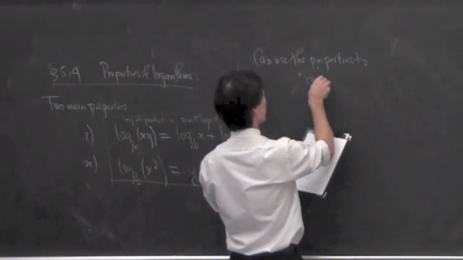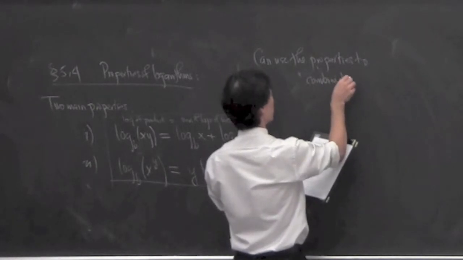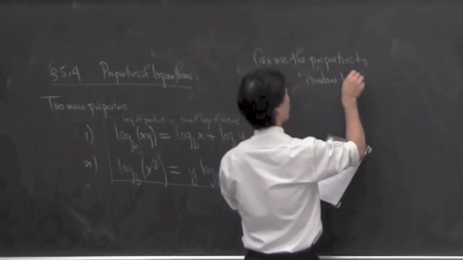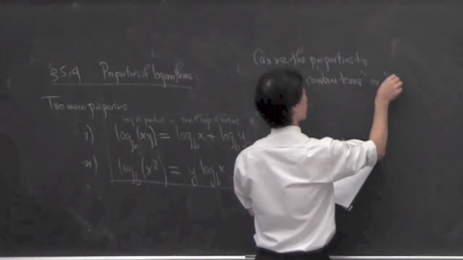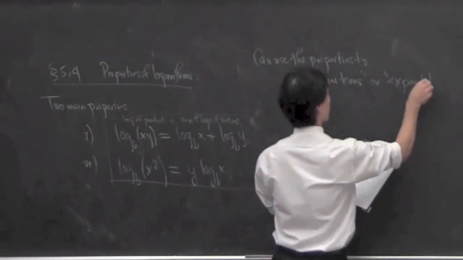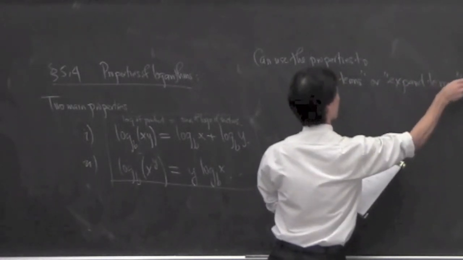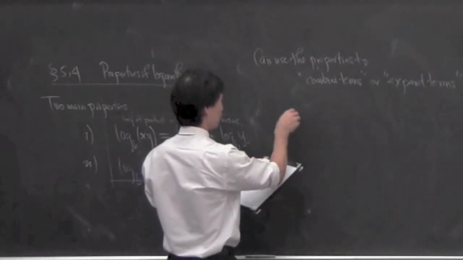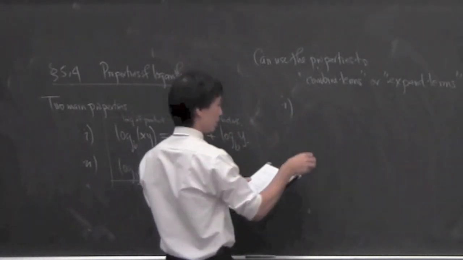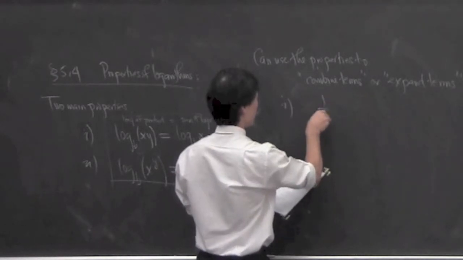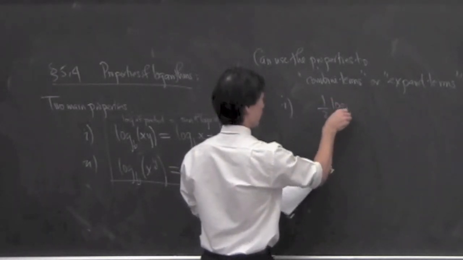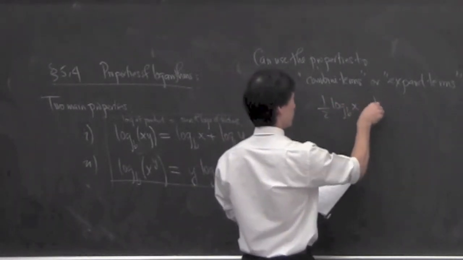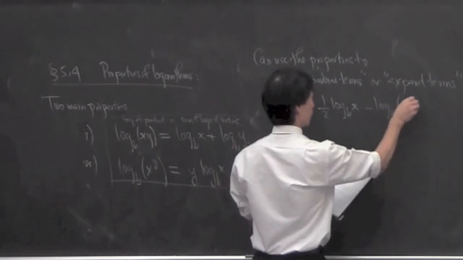Let me give an example. Somebody gives you 1/2 log base b of x minus log base b of (x plus x squared).